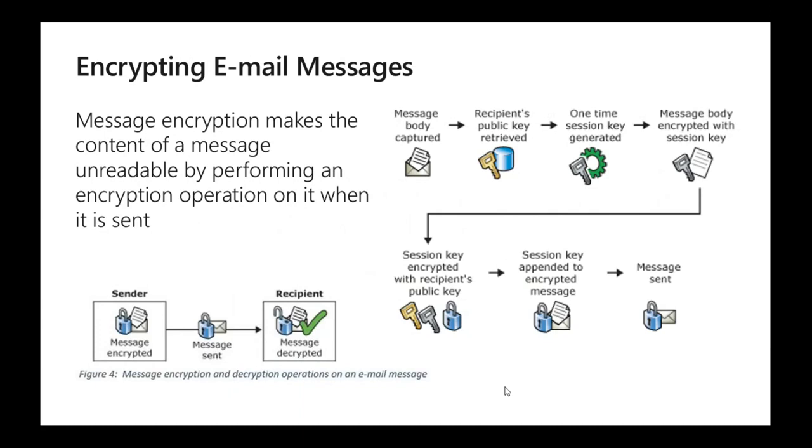Encrypting email messages. This is actually a flow of how the data is secured. Like I mentioned earlier, we do not need to get into the nitty-gritty of the algorithm in place behind the engine. However, when we see the slide here, we understand how it has been sent out.